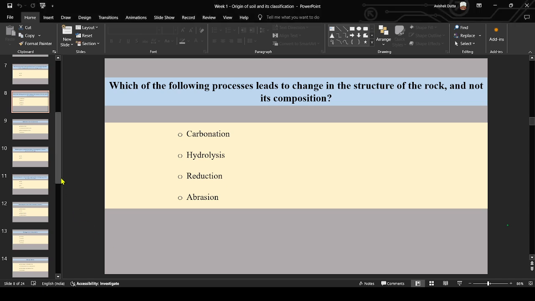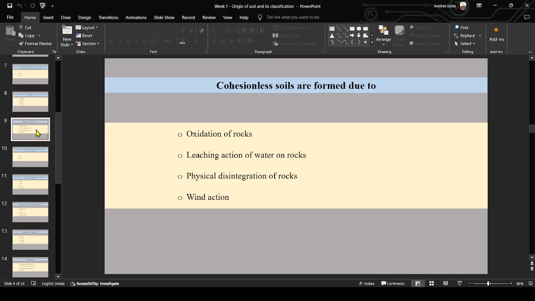I'll go to the next question. Cohesionless soils are formed due to. Your options are number one, oxidation of rocks. Number two, leaching action of water on rocks.